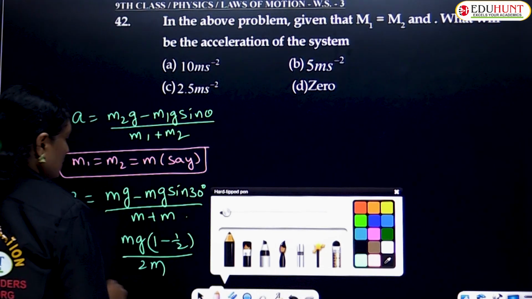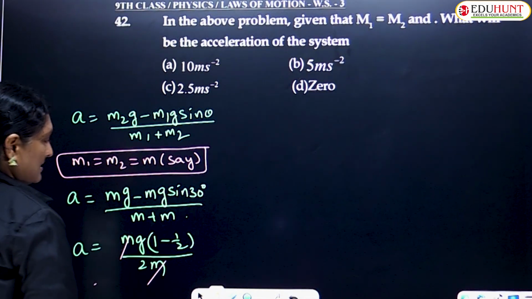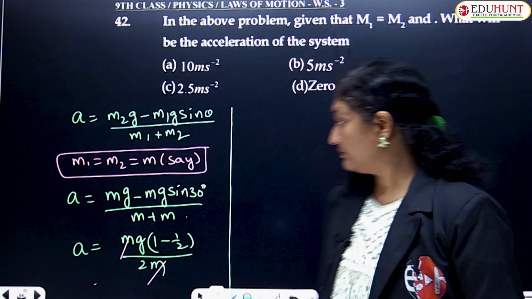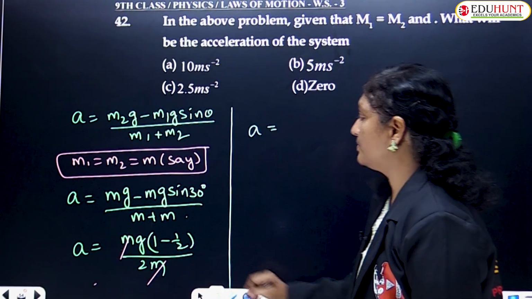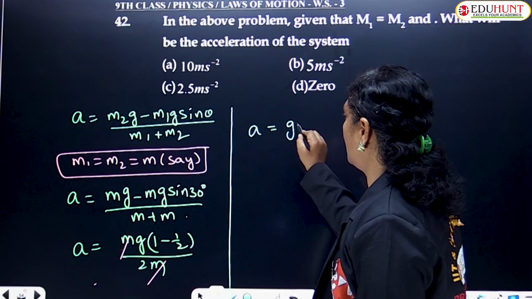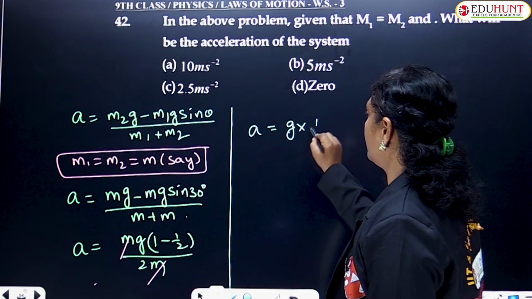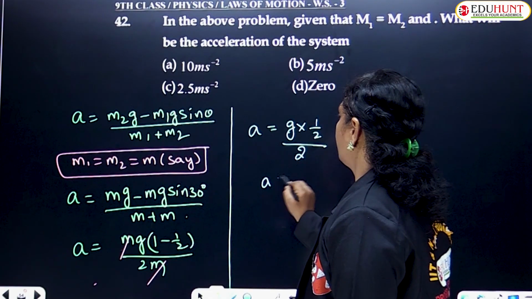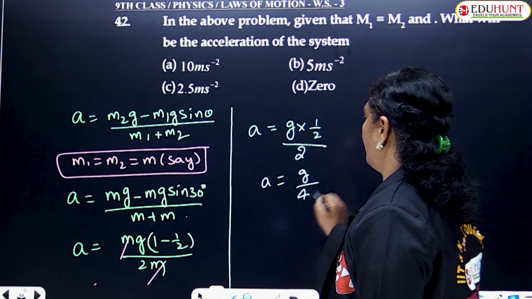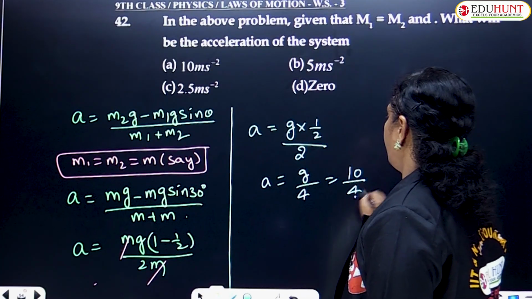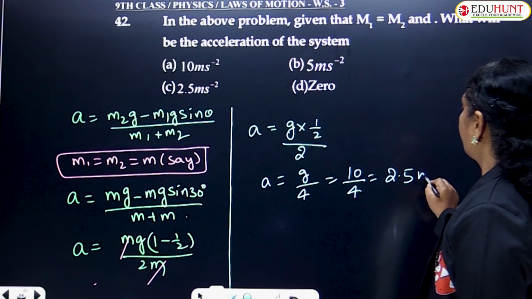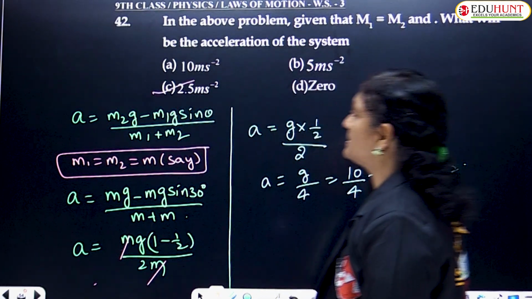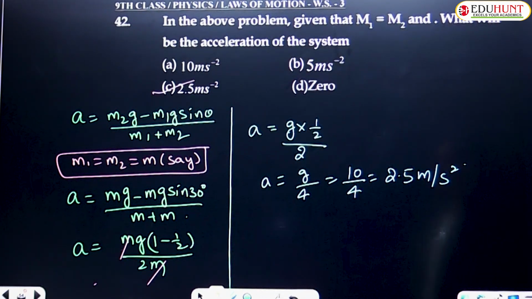Solving this, m and m get cancelled. Therefore, the value of a is found to be g into 1 minus 1 by 2, which is 1 by 2, whole upon 2. Or a is found to be g by 4. The value of g is 10, and 10 by 4 is nothing but 2.5 meter per second square. Hence the correct option must be option C, that is 2.5 meter per second square.